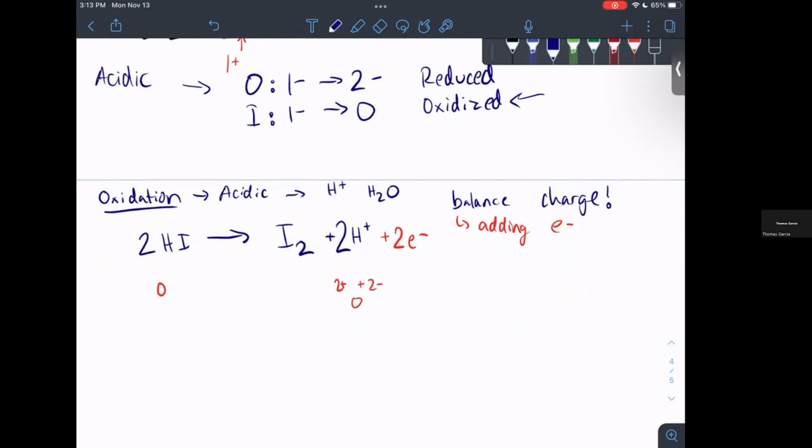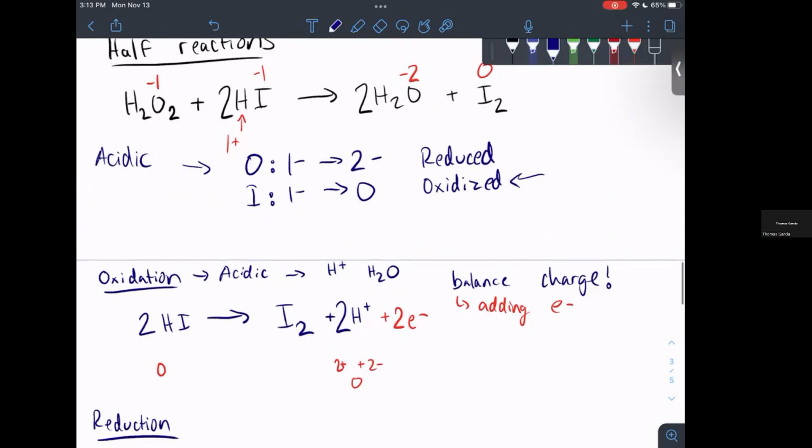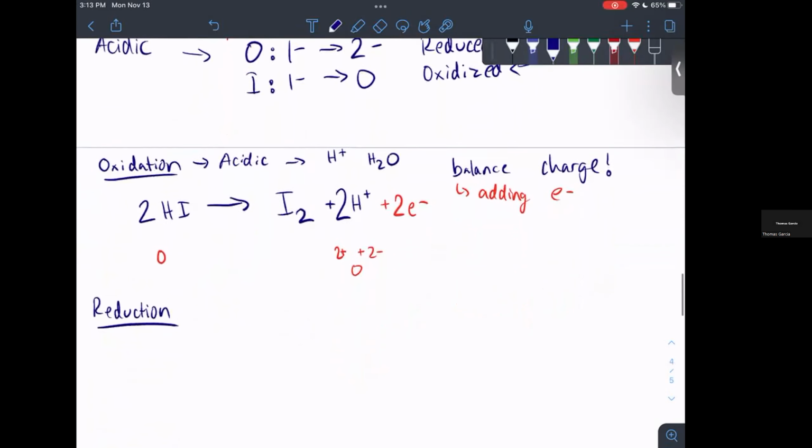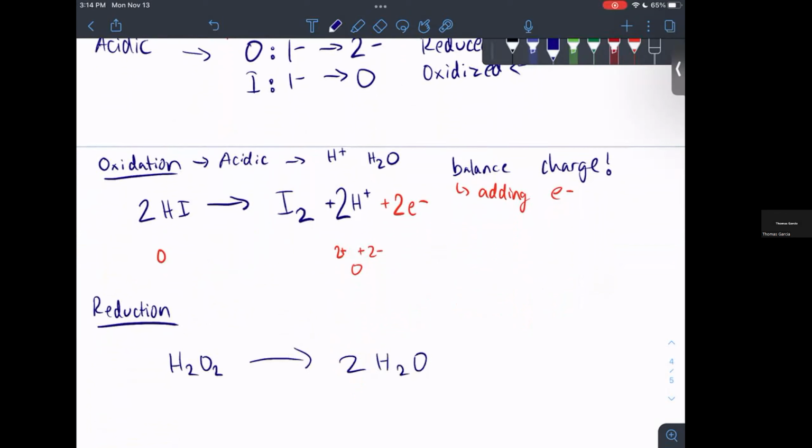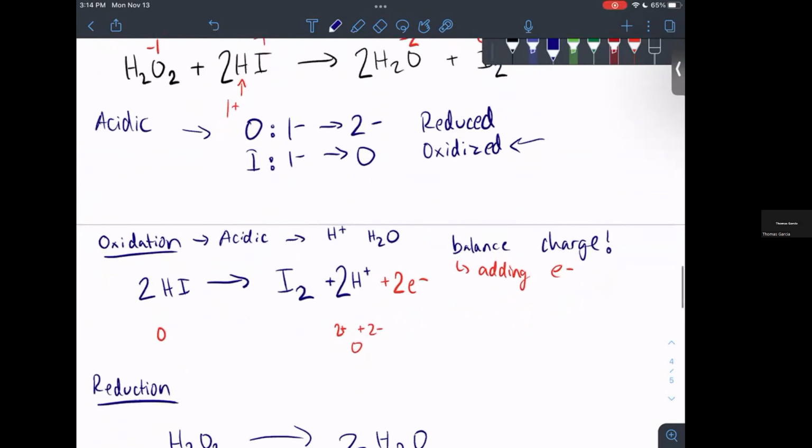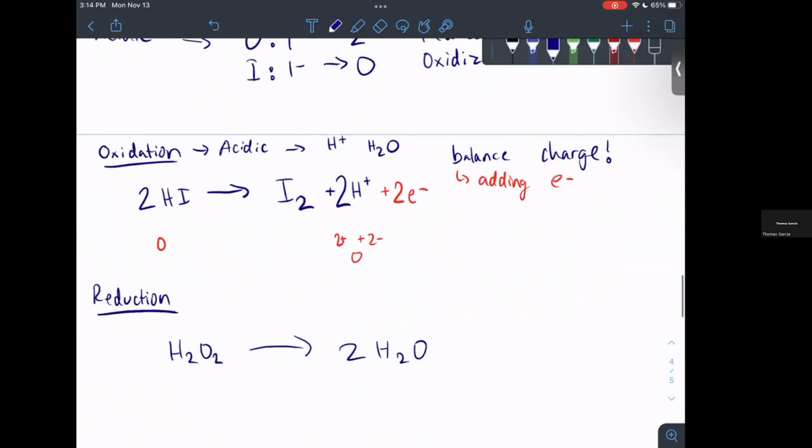Moving on to our reduction. So in our reduction half reaction, we're going to take H2O2 and 2H2O. So H2O2 turns into 2H2O. Now the problem is, once again, this is not balanced. We have 2 oxygens on the right, 2 oxygens on the left, but we have 4 hydrogens while we only have 2 hydrogens.